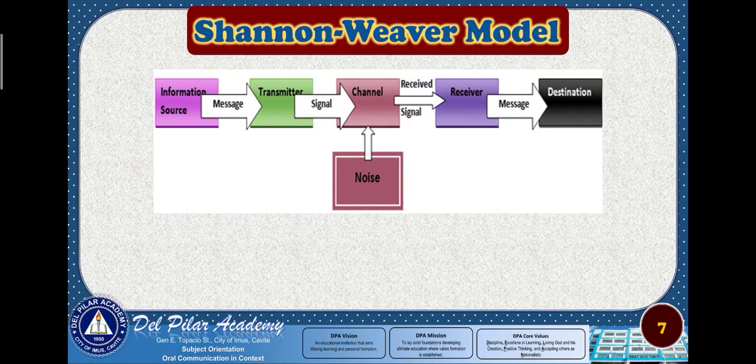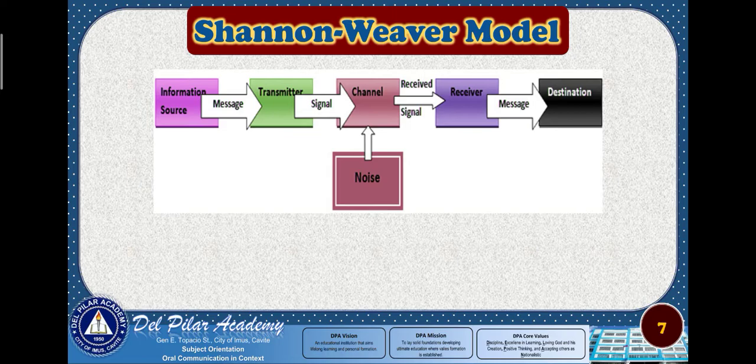Next, we have the Shannon-Weaver model. The Claude Shannon and Warren Weaver model gave us the concept of noise, as you can see in this image.